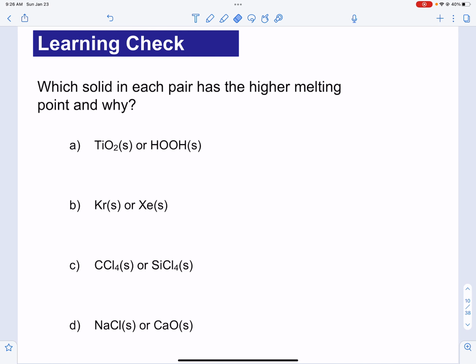So once we know all that information, what else can we do with it? For example, out of each pair, which one will have the higher melting point? If you remember chapter 12, the higher boiling point was given by the one with the stronger intermolecular forces.